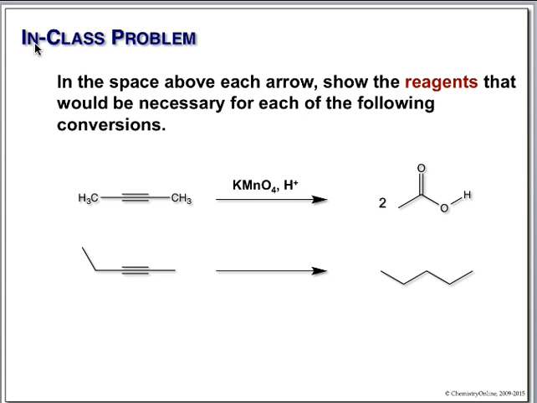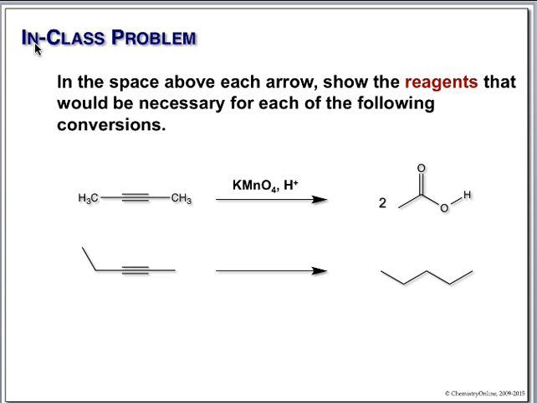And our last one here, we have an alkyne with 1, 2, 3, 4, 5 carbons, and we're making an alkane with 1, 2, 3, 4, 5 carbons. So this is simply total reduction.